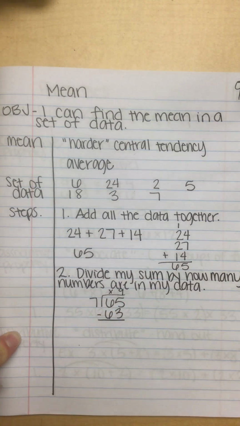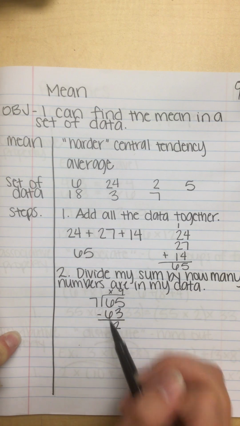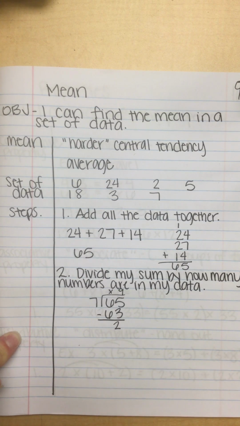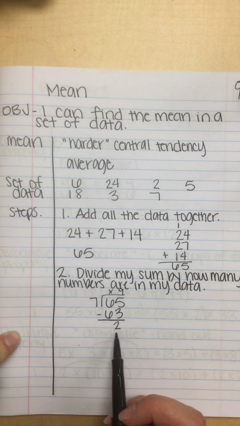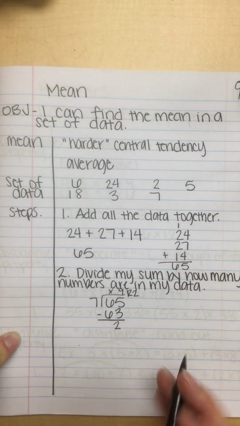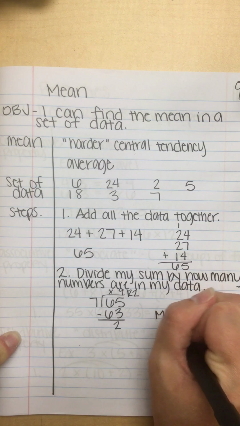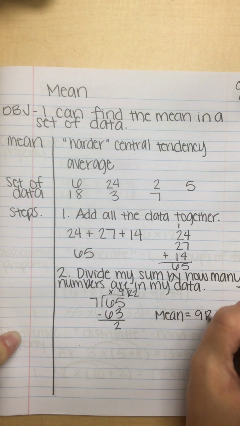I subtract. 5 minus 3 is 2. 6 minus 6 is 0. So I don't have any other numbers to bring down, so my 2 turns into a remainder. So my mean for this set of data is 9 with a remainder of 2.